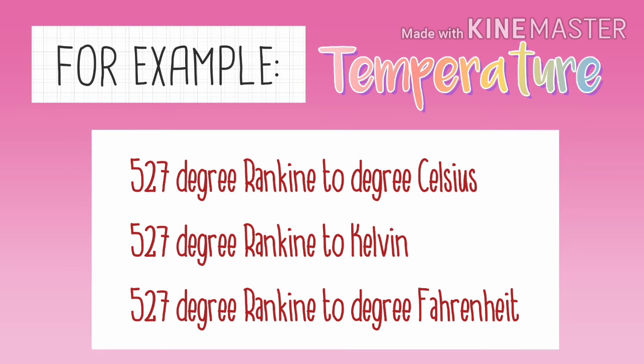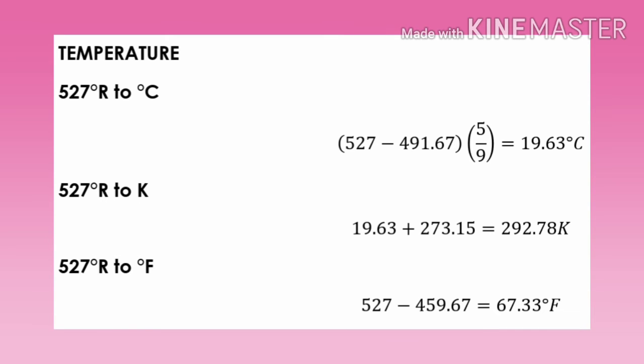For our next example, which is under temperature, we have here a sample measurement of 527 degree Rankine that we have to convert into degree Celsius, Kelvin, and degree Fahrenheit. Temperature conversion doesn't follow the step-by-step procedure that I have mentioned earlier, but actually has its own formula. Degree Rankine is an old measurement of temperature.